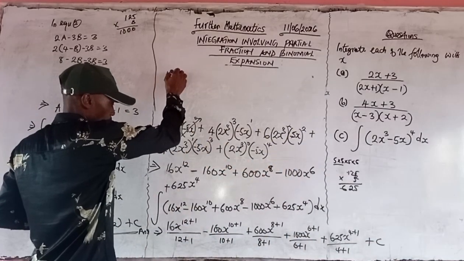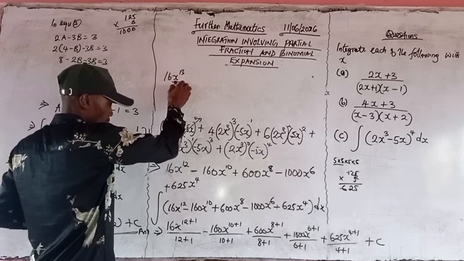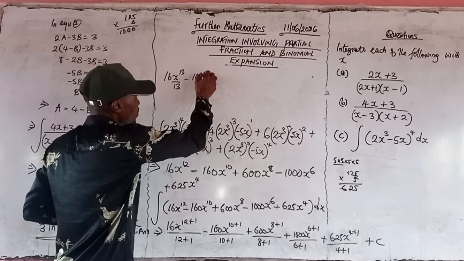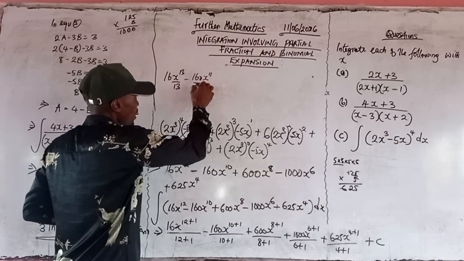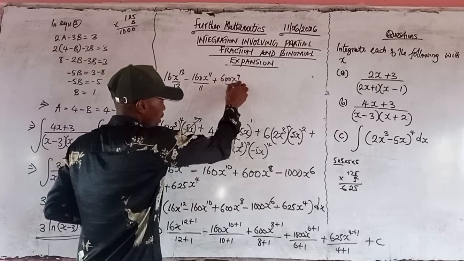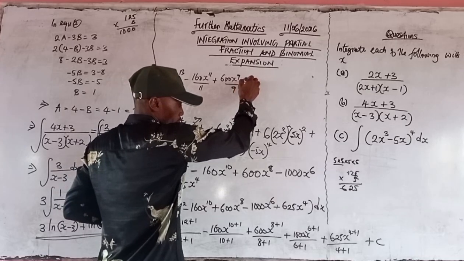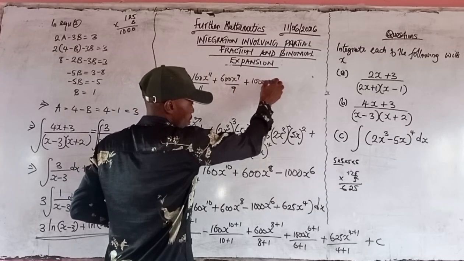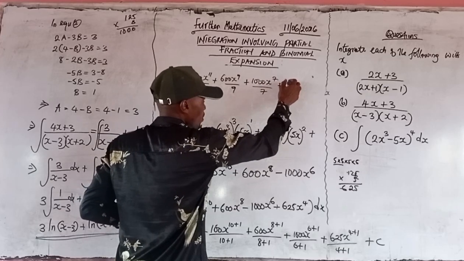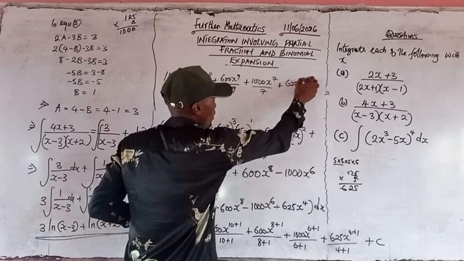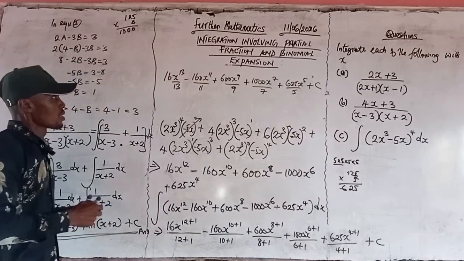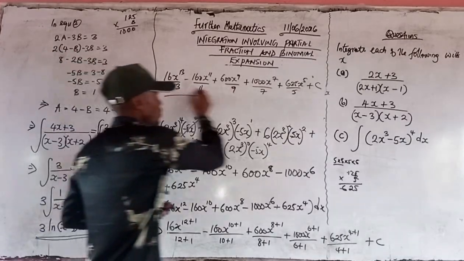So 16x^13 over 13 minus 160x^11 over 11 plus 600x^9 over 9 minus 1000x^7 over 7 plus 625x^5 over 5 plus c. And that is the integration of that function.